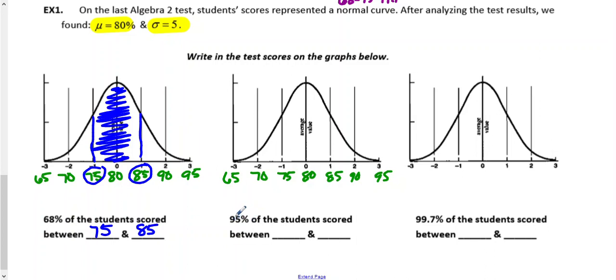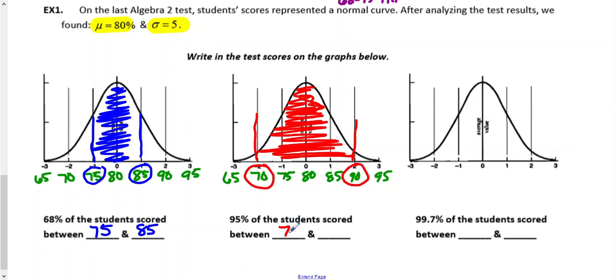Well, I know from my empirical rule that 95 is 2 standard deviations. So we're going from -2 to +2. So I'm looking at all of this data. And that falls between the numbers 70 and 90.